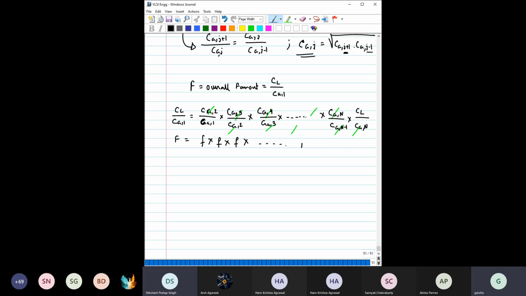So how many times it would be? This N times. So this F is equal to F to the power N, so this F will be equal to the Nth root of F. Do you understand what is this F?